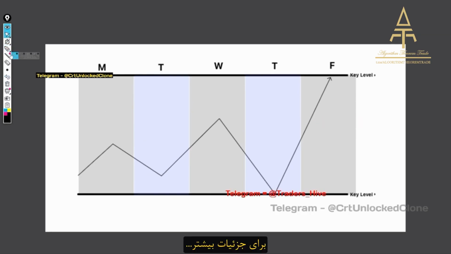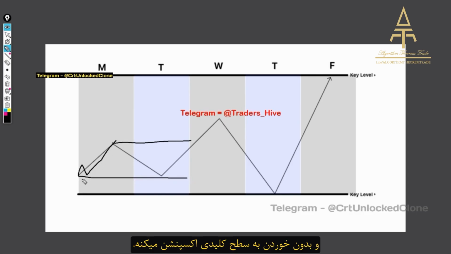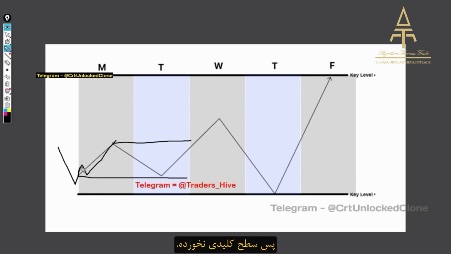All right, so just to add some more details here. On Monday's candle, we form a range, right? So how do we form a range? Monday's candle expands upwards without hitting a key level. So price comes down, fails to hit the key level, and expands upwards, creating Monday's low and high.